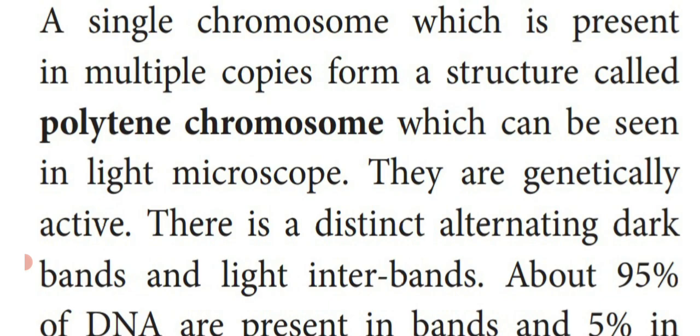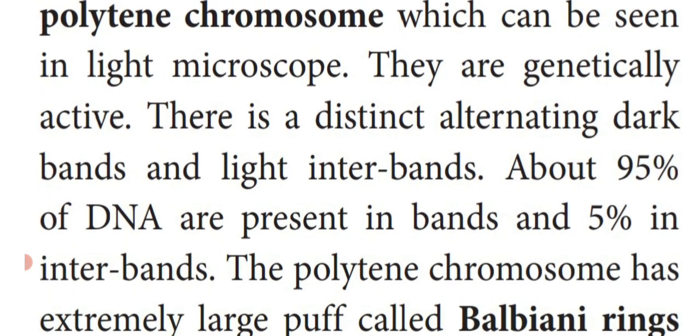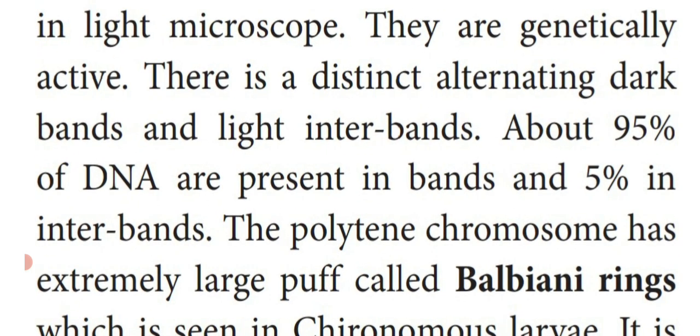These chromosomes are genetically very active. They consist of dark bands alternating with light interbands. 95% of the DNA is present in the dark bands, and 5% of the DNA in the interbands.